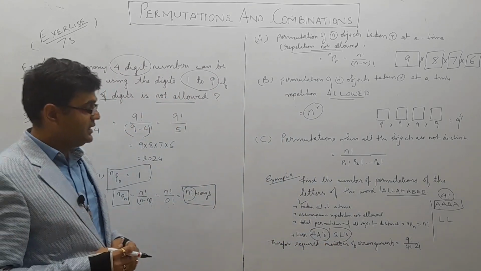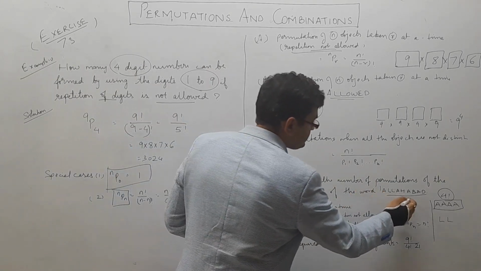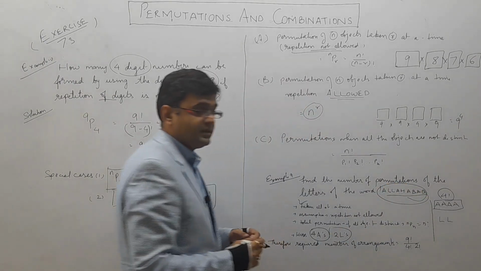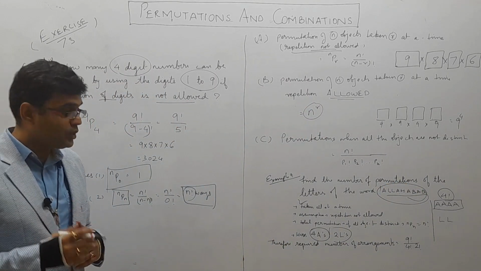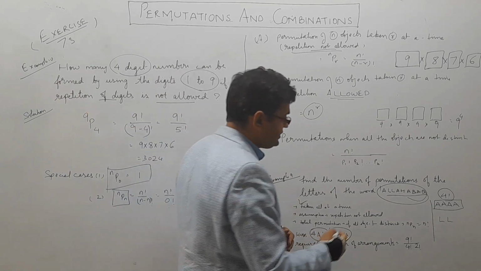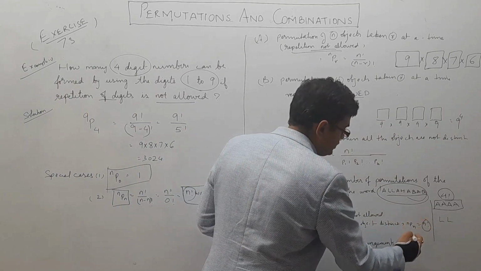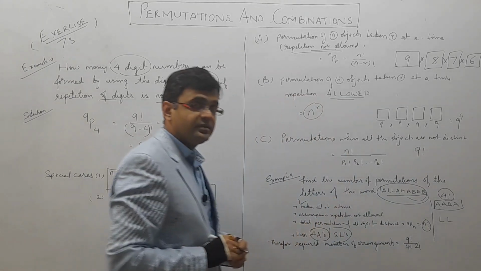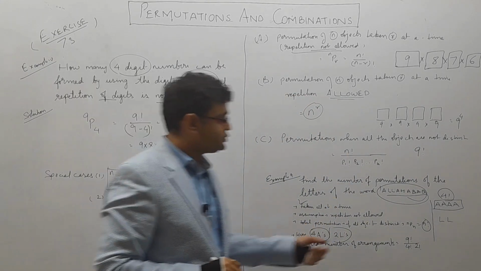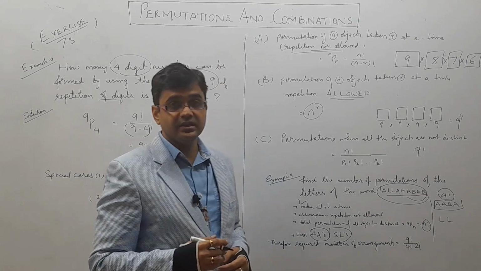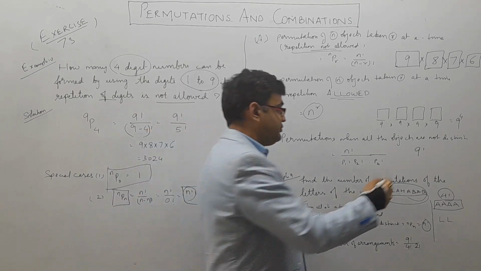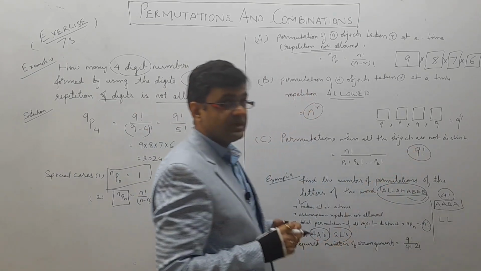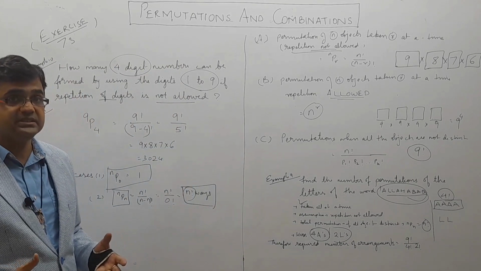So if we are taking these 9 letters and we have to find the total number of permutations, if we say the total number of permutations is n factorial or 9 factorial, then we are wrong, because for this one arrangement we are counting 4 factorial times. If we take this as 9 factorial, that means we are considering all objects as distinct.